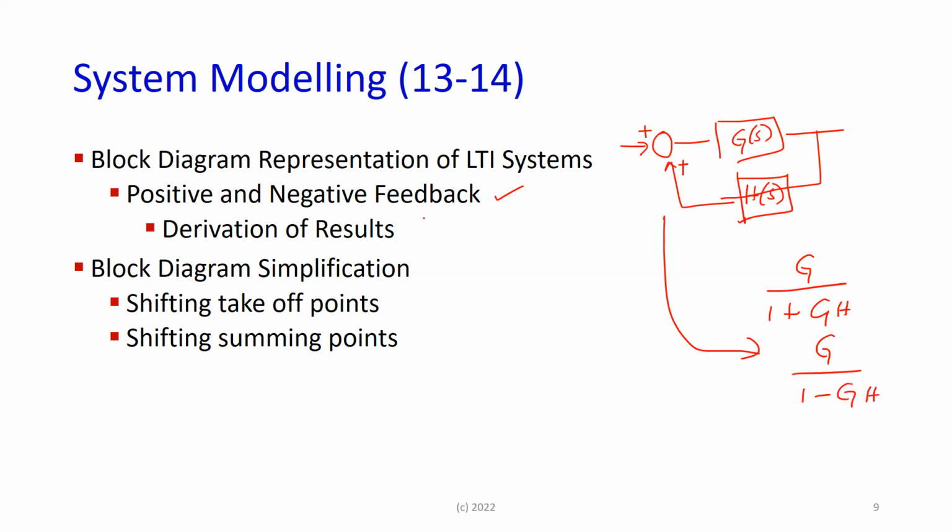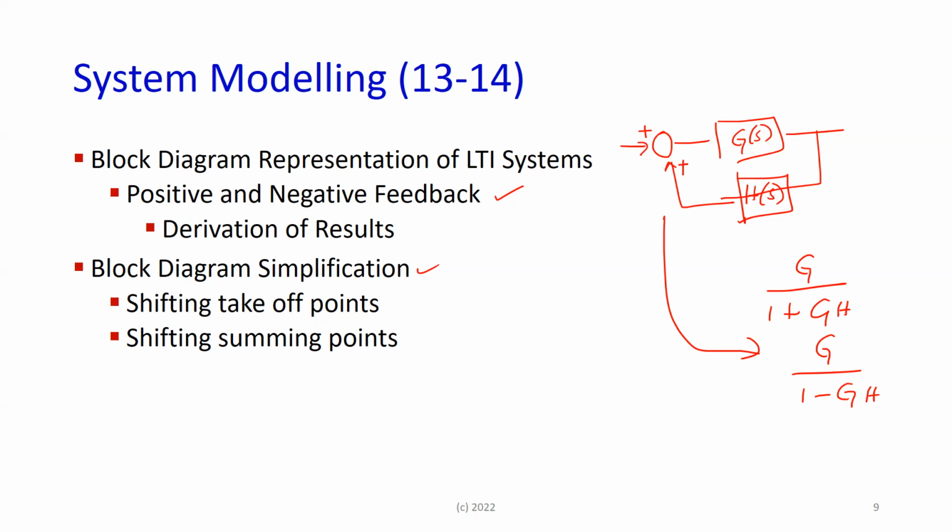All right. And then using these results, we were able to simplify block diagrams. So you have a complicated block diagram. Usually simplifying it involves shifting things around. You have to shift takeoff points to before and after blocks, or shift summing points before and after blocks.